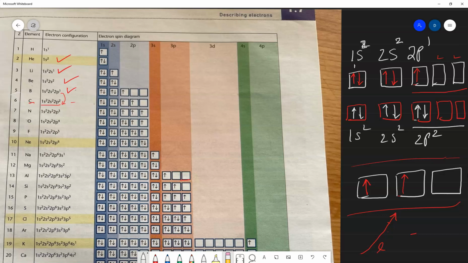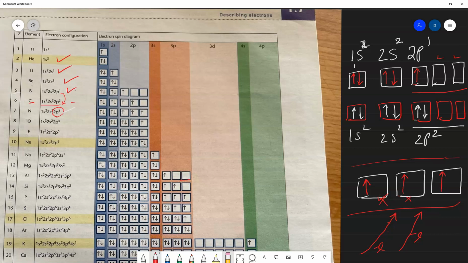Next one, nitrogen. In nitrogen, there are 3 electrons in the p subshell. The next electron in nitrogen doesn't like this, doesn't like that. It says there's one p orbital where nothing is there, and it will go and occupy that p orbital.